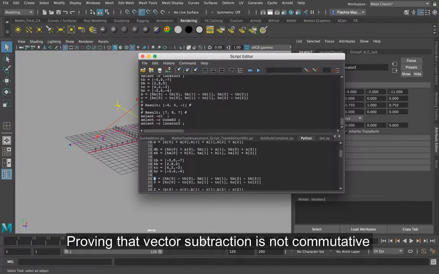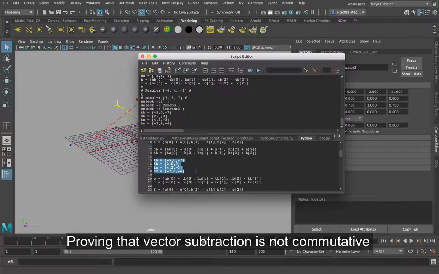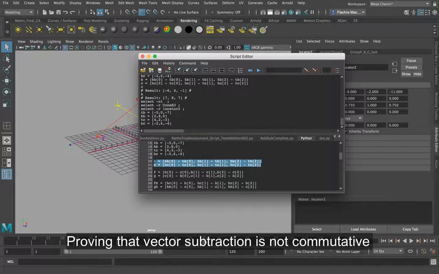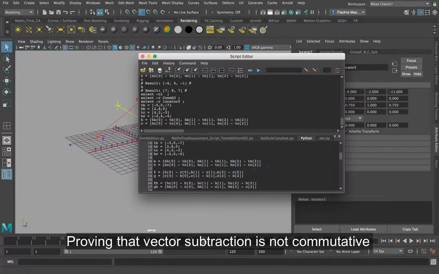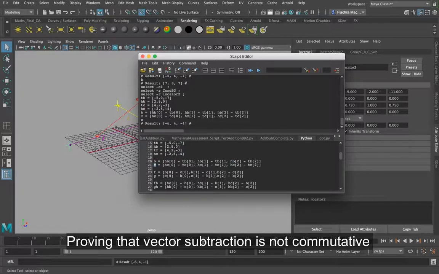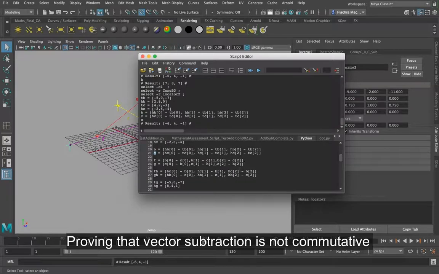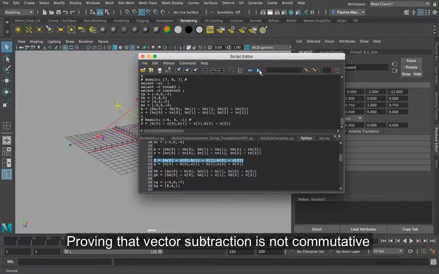We can pull up the script editor, and we can run this. Obviously I've run B before, we can run it again, and then I'm going to run both of these, and we will get the result for C. So C is -6, 4, and -1, and this new vector, which is F. If we run that, we can get a result.